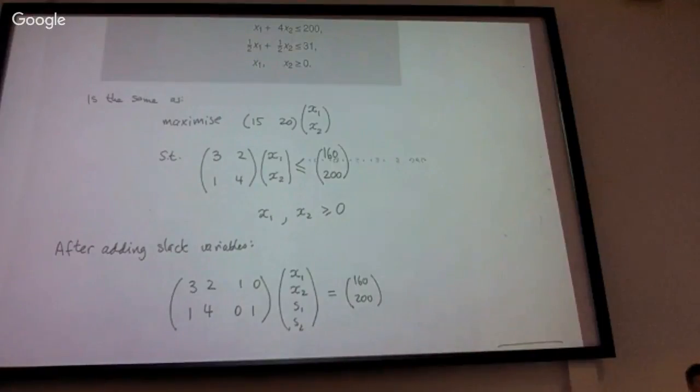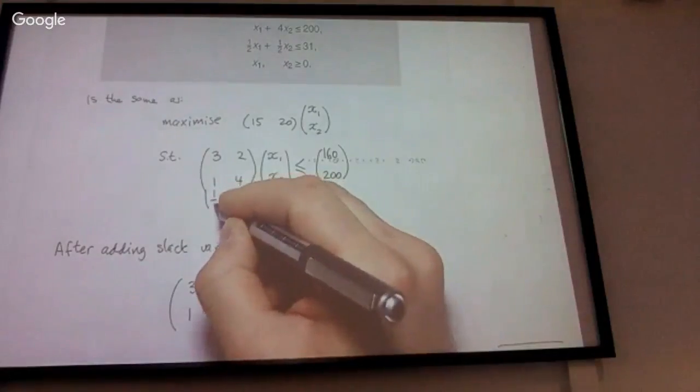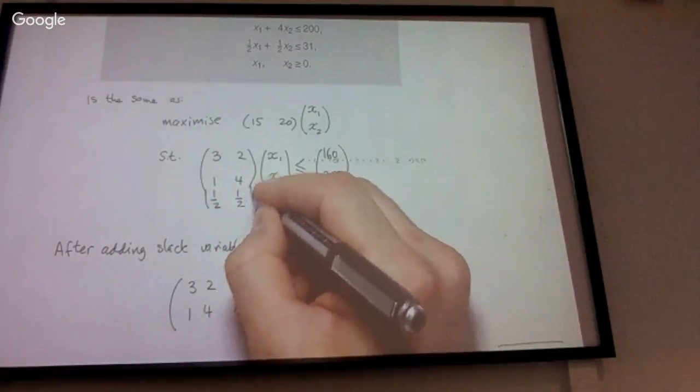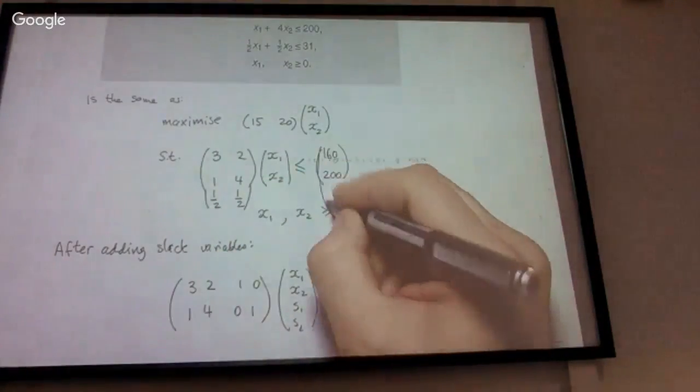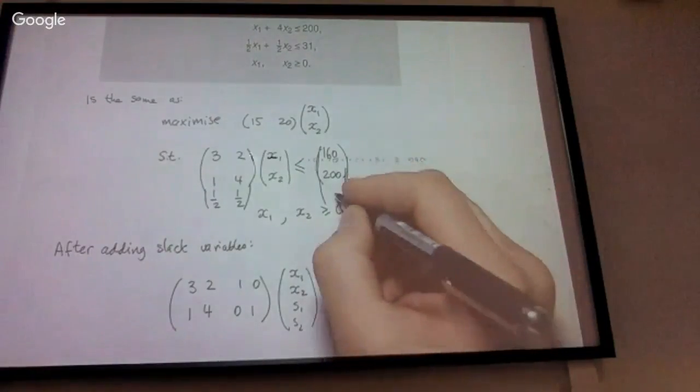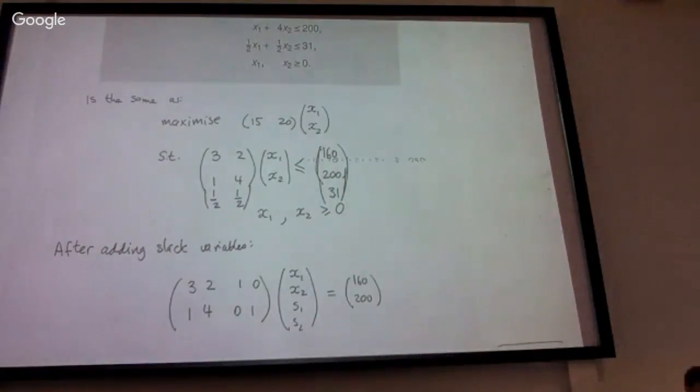Is that half x1 and half x2 not being included for a reason? Oh no, it's for no reason, I forgot to include it. Thanks, well spotted. Sorry about that. So, what do we get? 1/2, 1/2. This completely messes up everything. 31, yes, thanks for pointing that out.